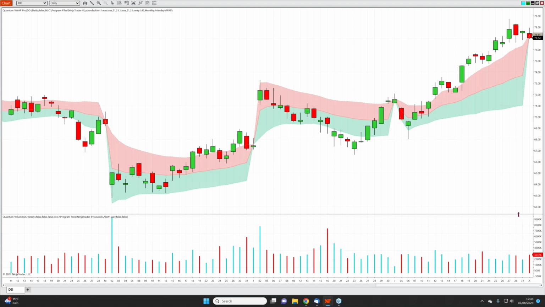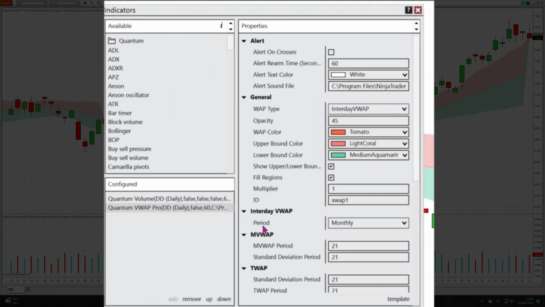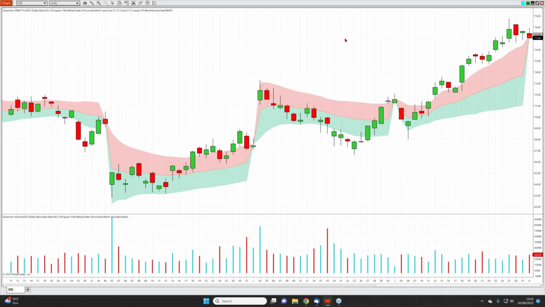And the reason it is doing that is because if we go back into our settings, just to refresh your memory on that, there we go. Let's move that up again. We have the Interday VWAP setting. Our anchor has been set to reset on the month. Okay. And that is what we recommend for the daily time frame.